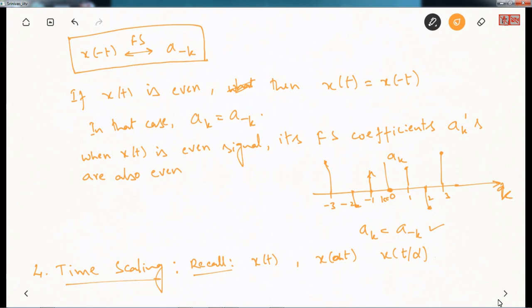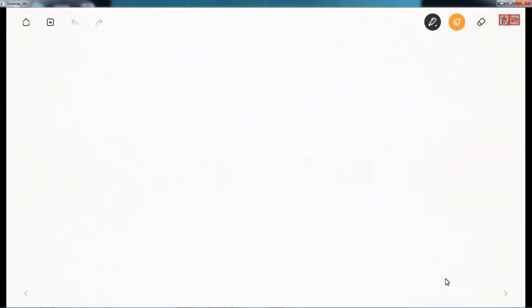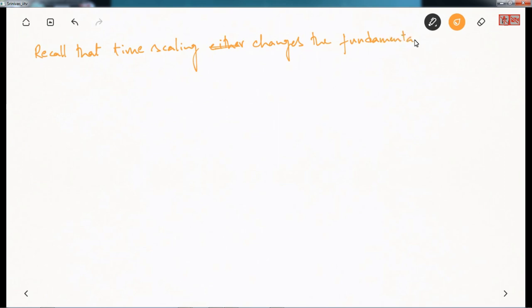So before going into this property, let's recall that time scaling changes the fundamental period of a signal.